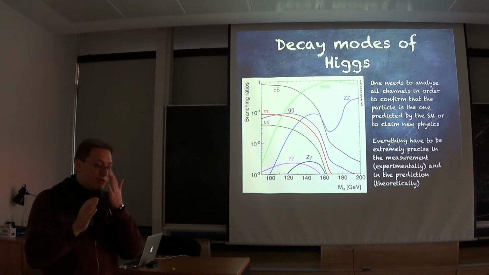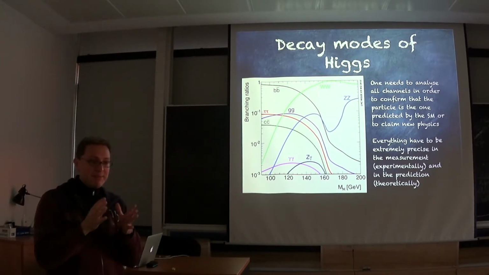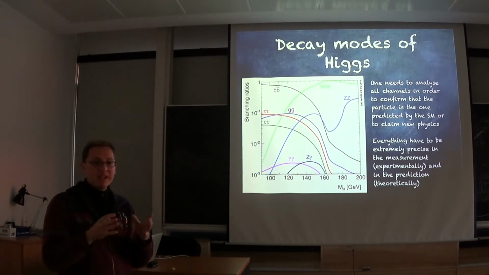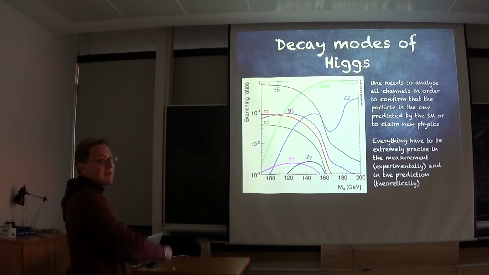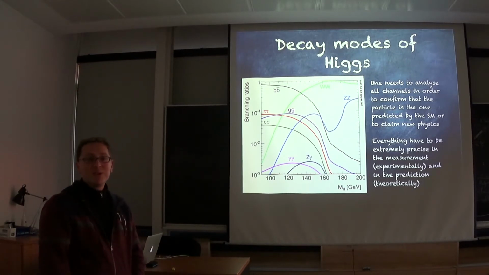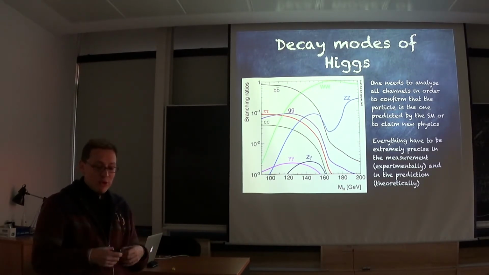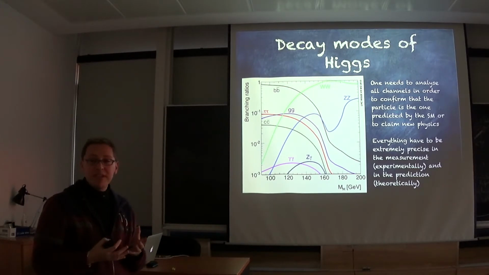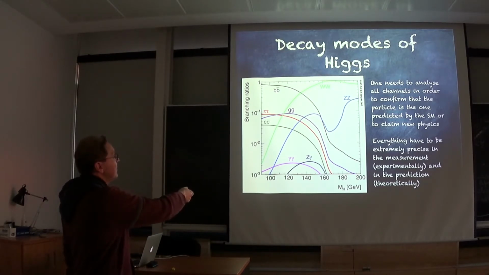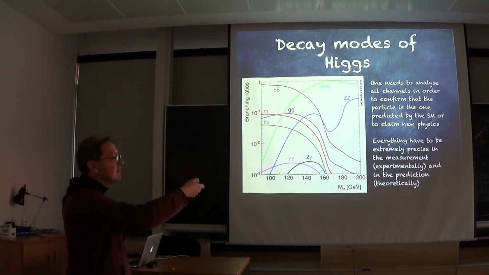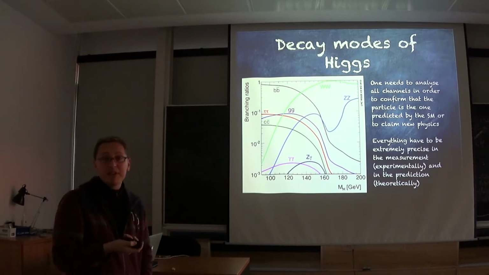But what you really need to do is to separate all of the channels, because in one run you will have thousands and millions of events. All of the channels are possible, but the more probable one will be the pair of W, then the pair of B, but the background is huge. Then you say, okay, the significance will be smaller.